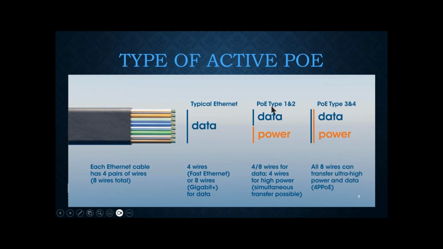And we have PoE type 1 and 2, in which 4 of the 8 wires are used for data, 4 wires for high power transmission. And we also have PoE type 4, in which all 8 wires can transfer ultra high power and data at the same time.